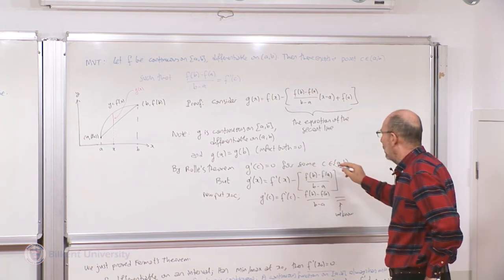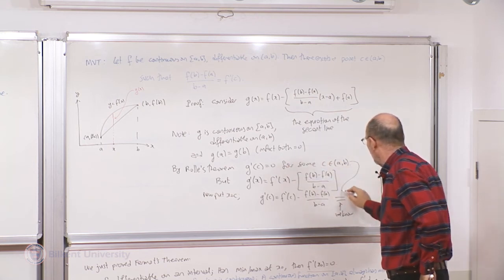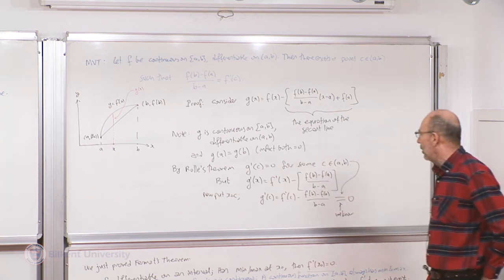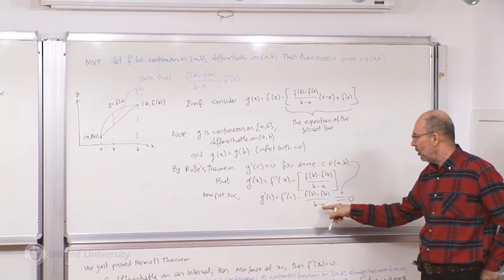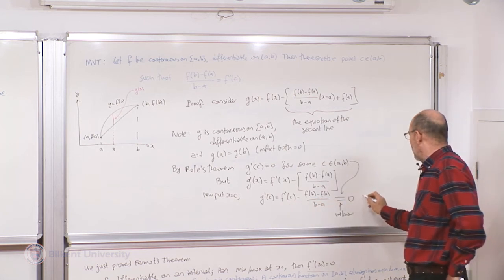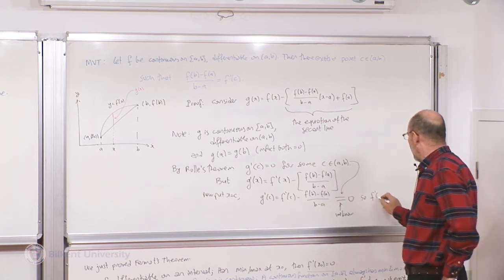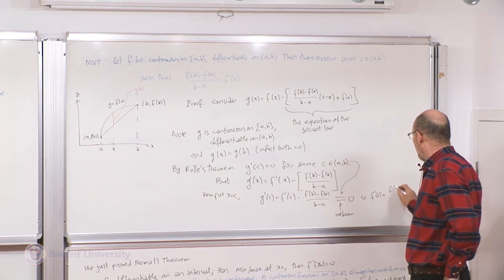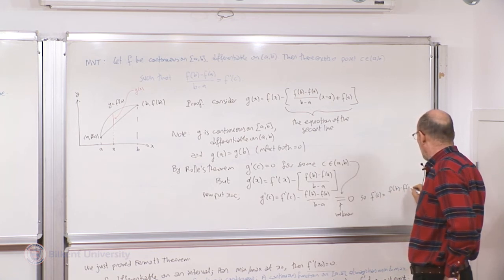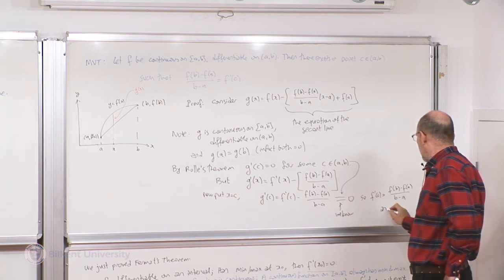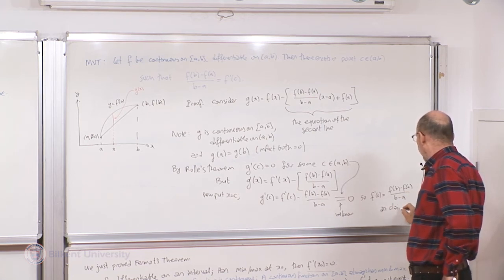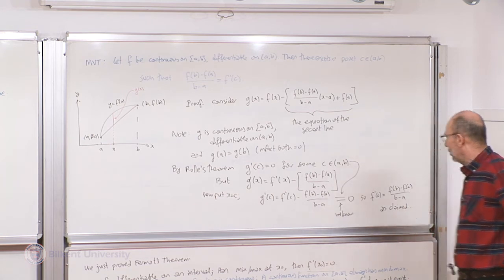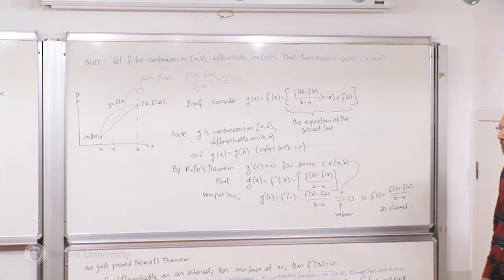So f prime c is equal to this. Okay, so f prime c is equal to the slope of the second line, as we hoped, as claimed. Okay, so this is the mean value theorem.